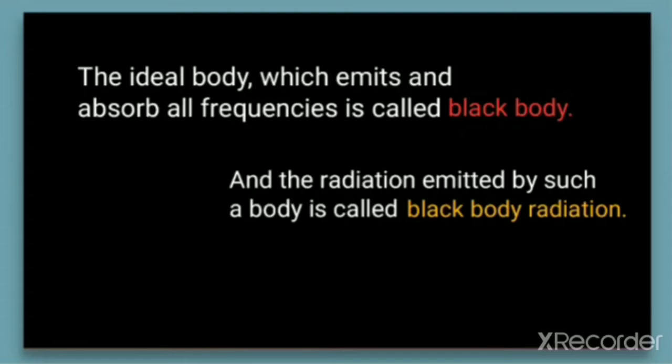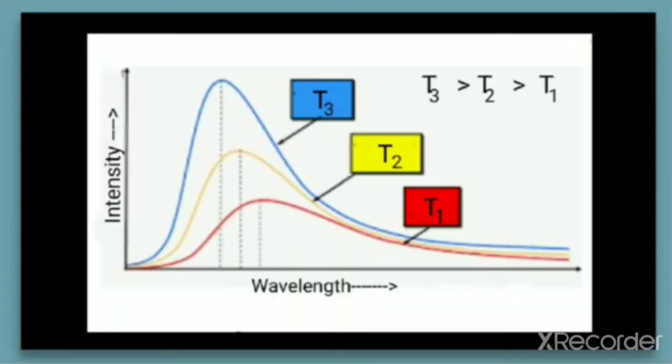The ideal body which emits and absorbs all frequencies is called a black body. And the radiation emitted by such a body is called black body radiation. When we compare the intensity and wavelength of radiation emitted by a black body, it is observed that at a given temperature, first intensity increases and then decreases with the wavelength after reaching a maximum value.